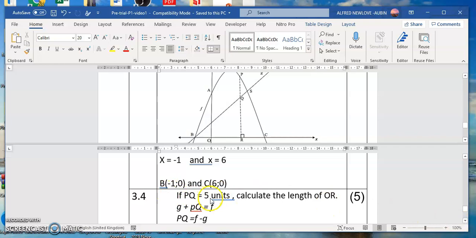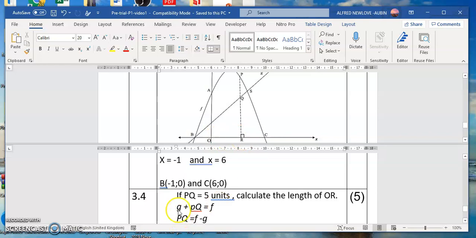If PQ is 5 units, calculate the length of OR. If PQ is 5, remember this distance is y, and it is 5. Calculate the length of OR, this length. Let's see how we are going to do that.